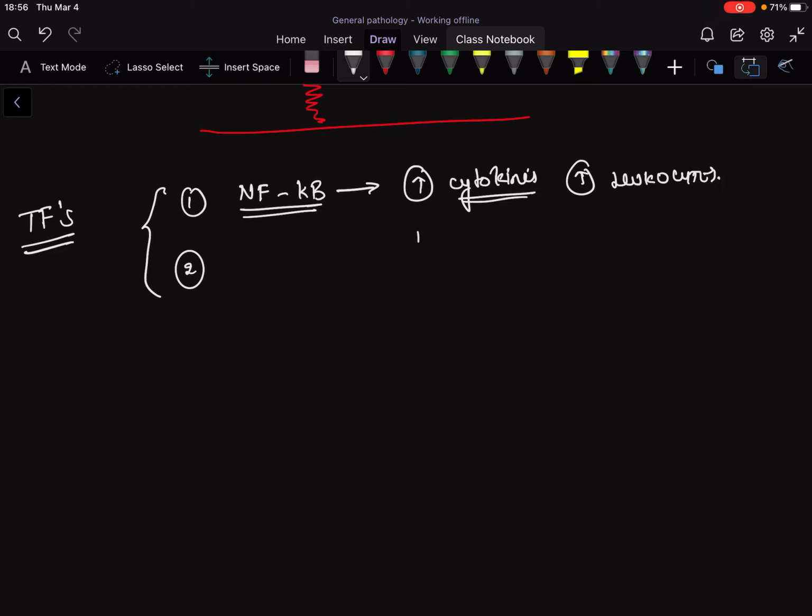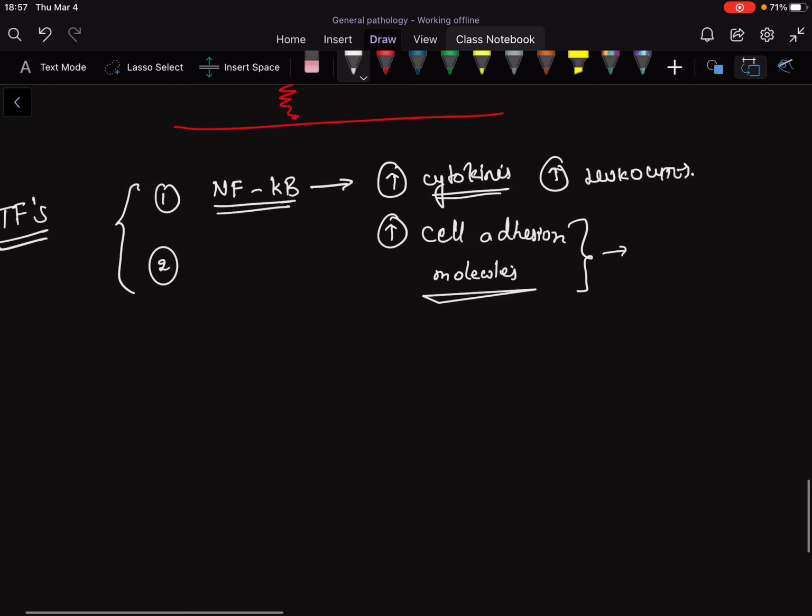On top of that, it will increase the cell adhesion molecules. Once these cell adhesion molecules are increased, they help in adhesion of leukocytes.